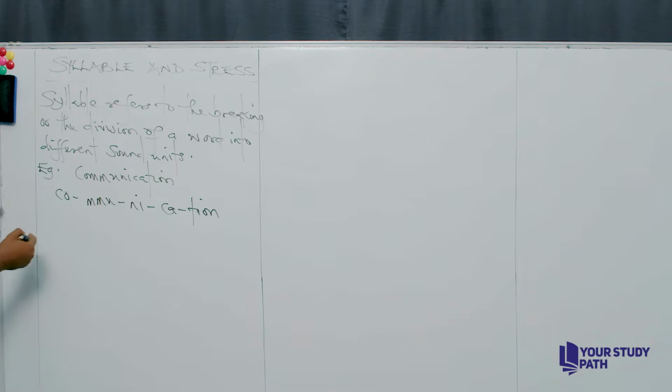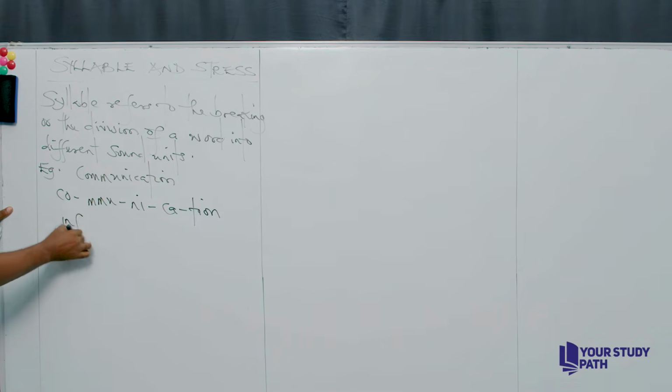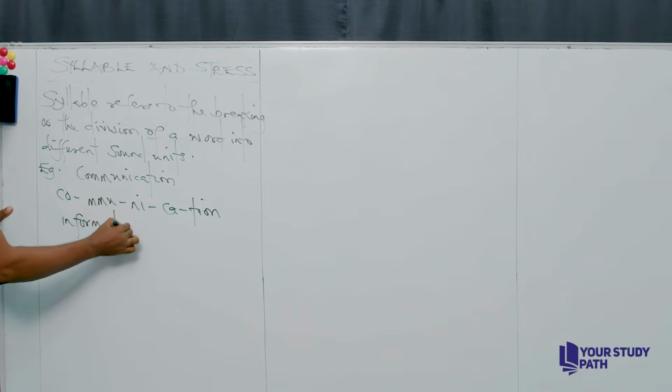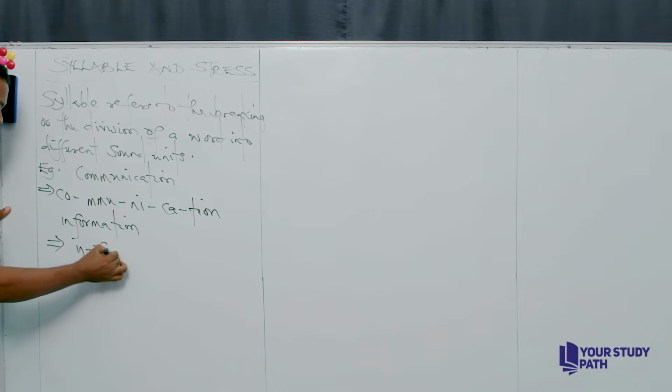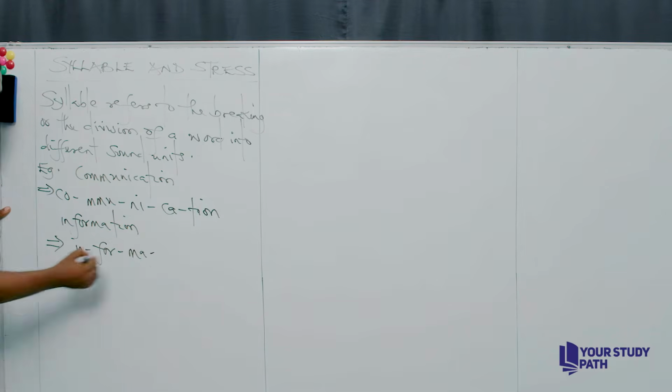We can also have another word such as information. Now, in a word like information, you have the syllabic division as IN hyphen FOR hyphen MA hyphen TION.